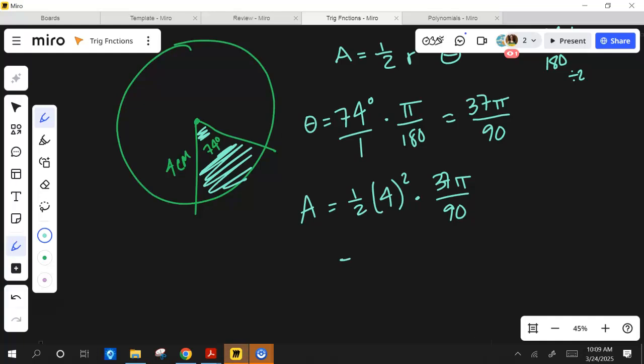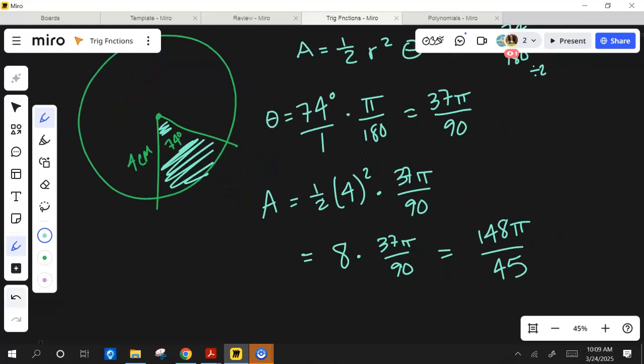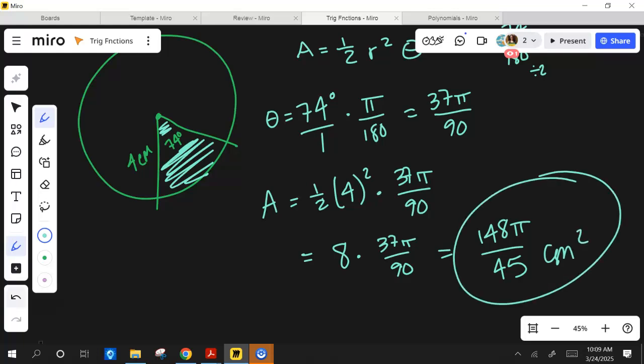Half of 16 is 8 times 37 pi over 90, which is 148 pi over 45 centimeters squared. Nice, because it's area. Perfect.